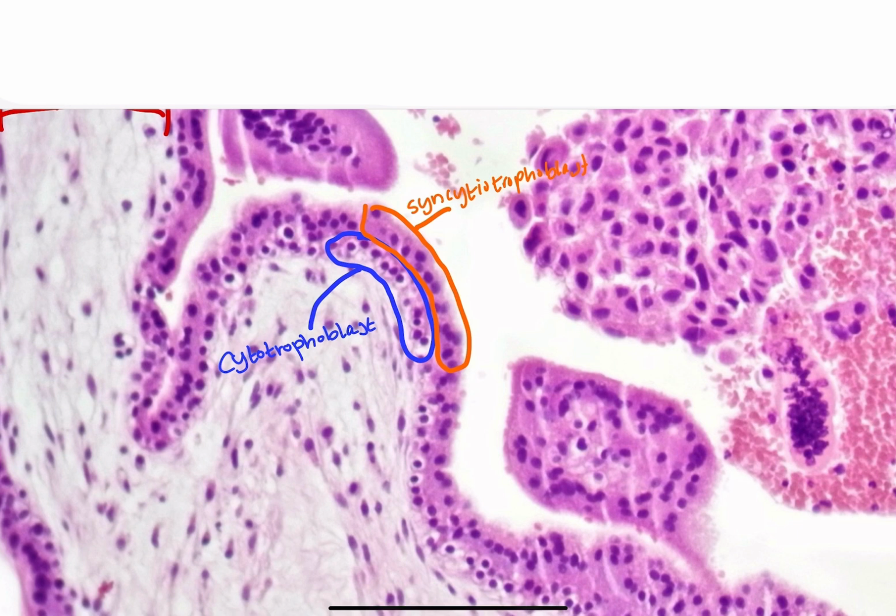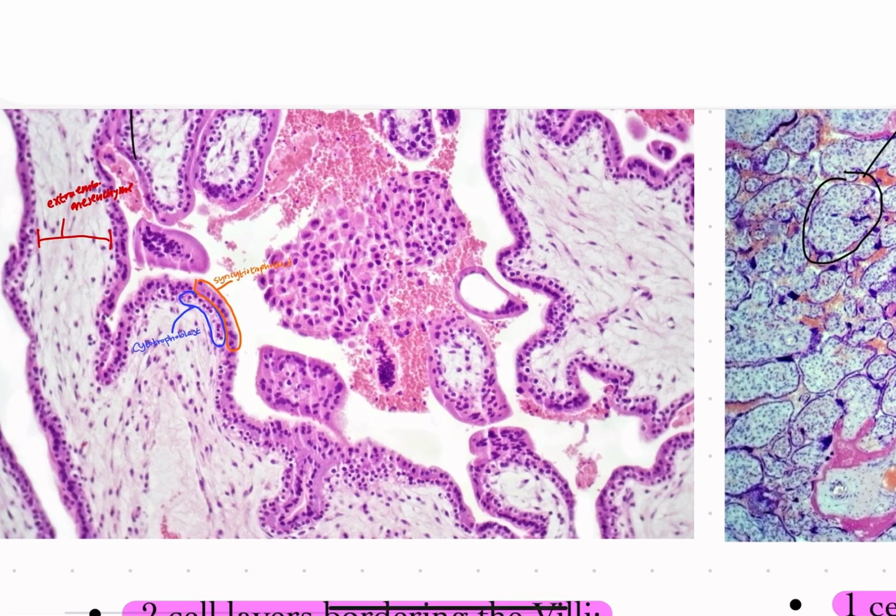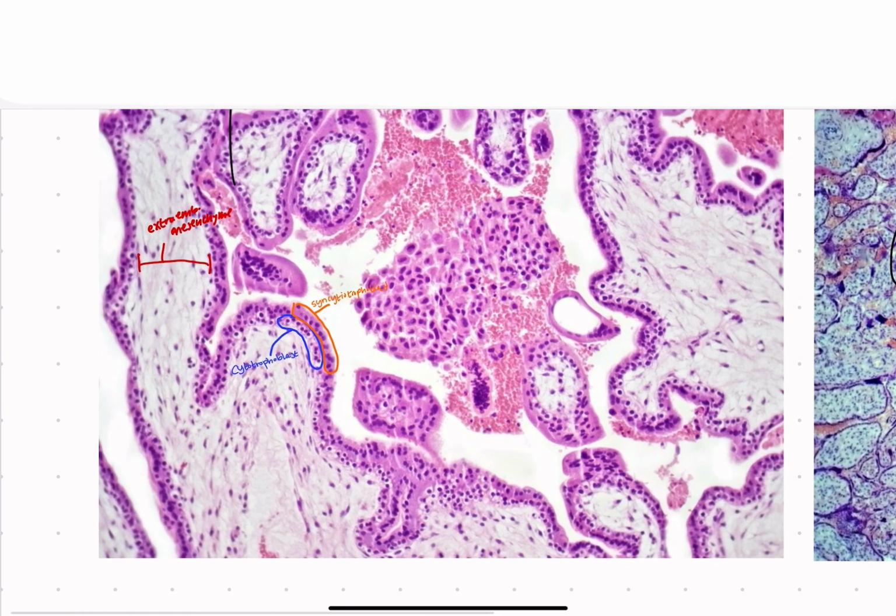The first one is a lot lighter, composed of the cytotrophoblasts, and the second, the outer layer, is a lot darker, composed of the syncytiotrophoblasts. They're very distinct cell layers. You can definitely see them, having a border.